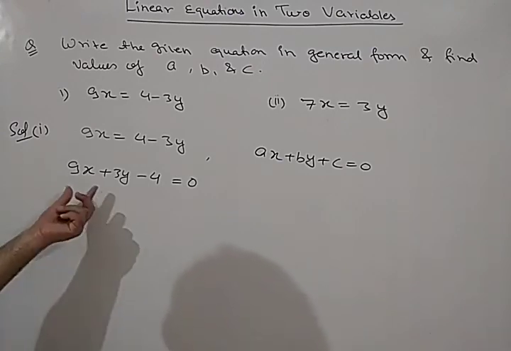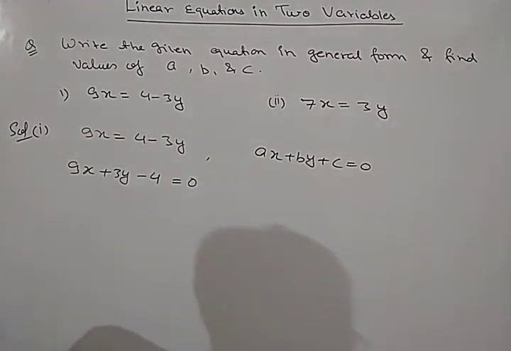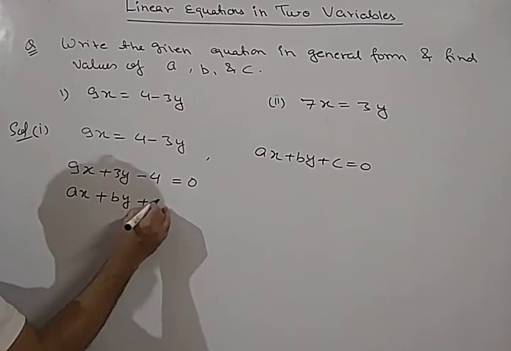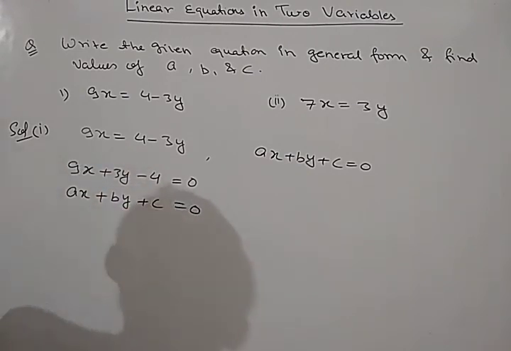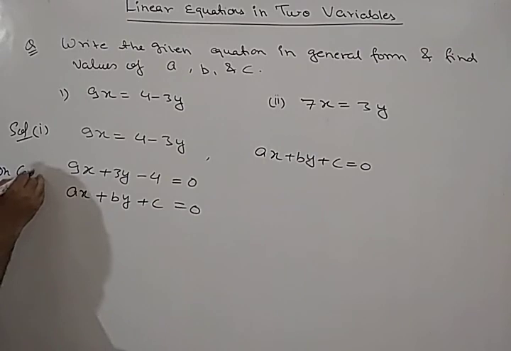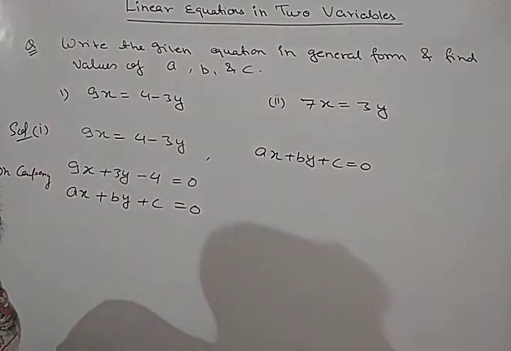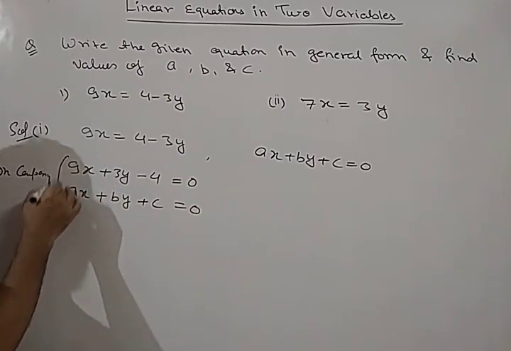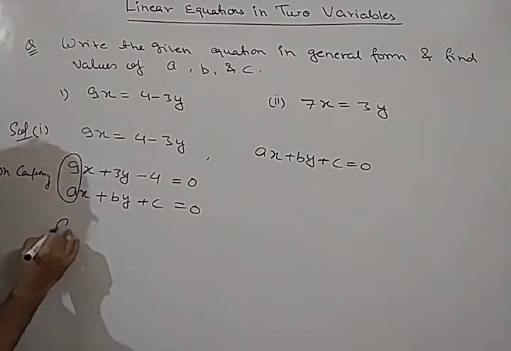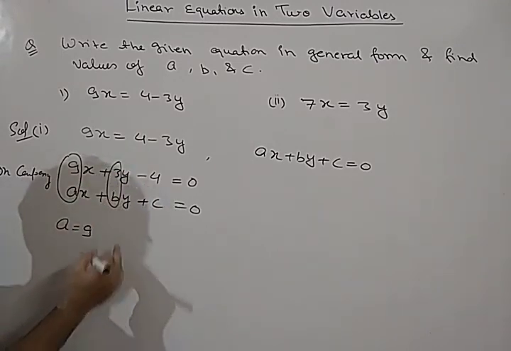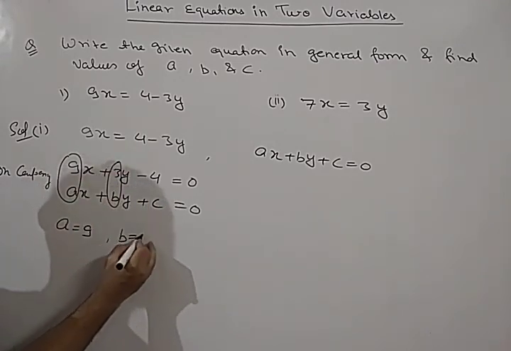Now this is written in the general form of linear equation. If we compare it with ax plus by plus c equal to 0, then by comparing we get the value of a, a is equal to 9. By comparing the coefficient of y, we get b is equal to 3.